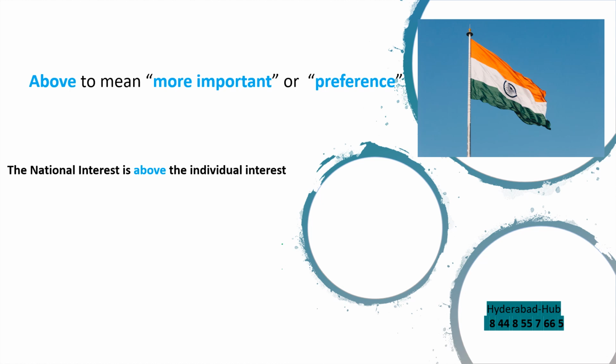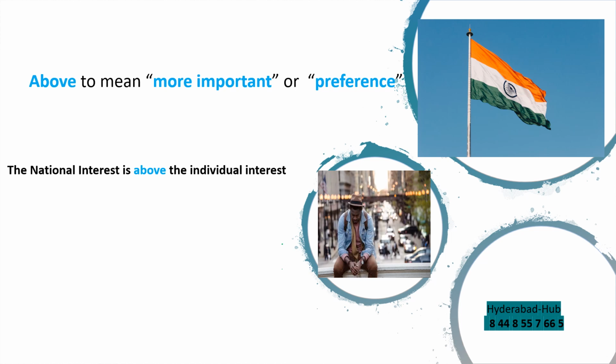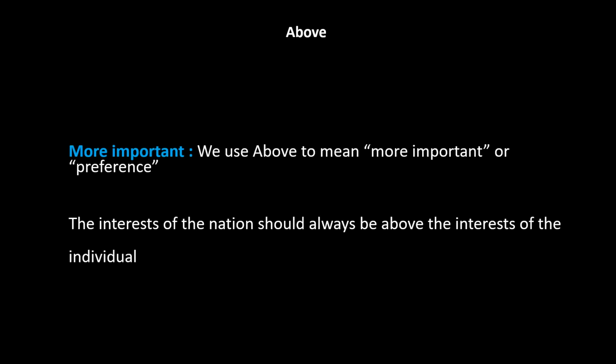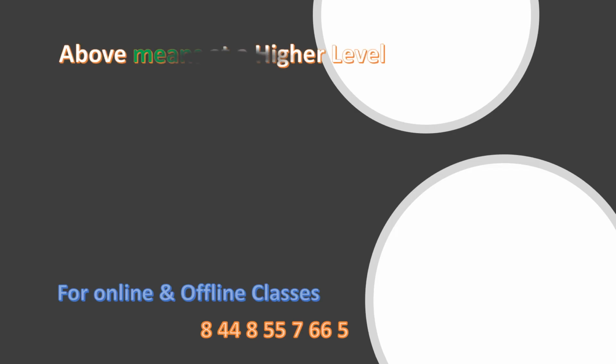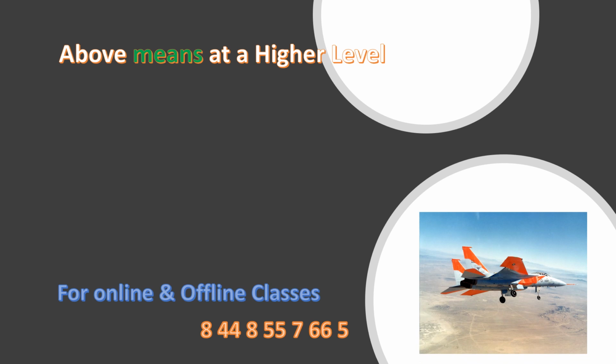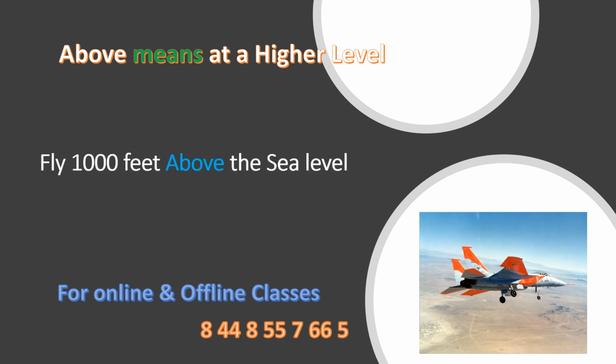In this case, the image means that the national interest is above or more important than the individual interest. What do you see in this image? The jet is flying 1000 feet above the sea level. What does above mean? As we have already seen, above also means higher than.